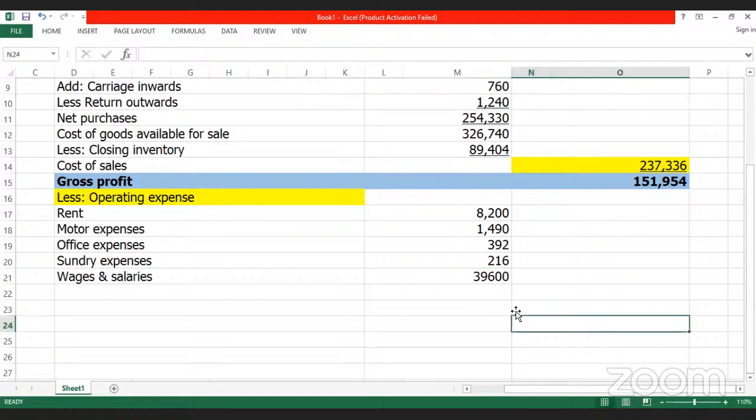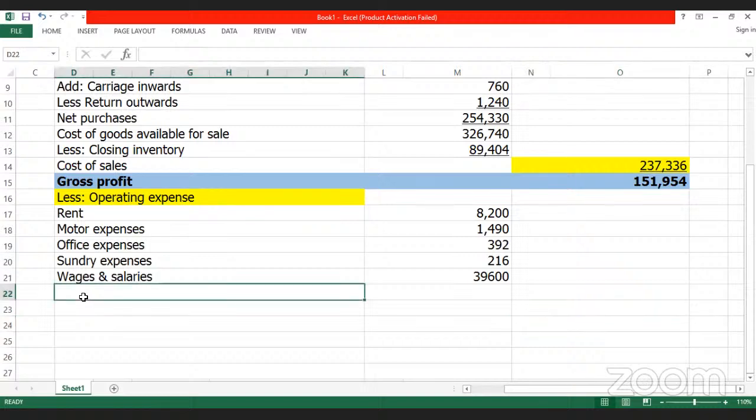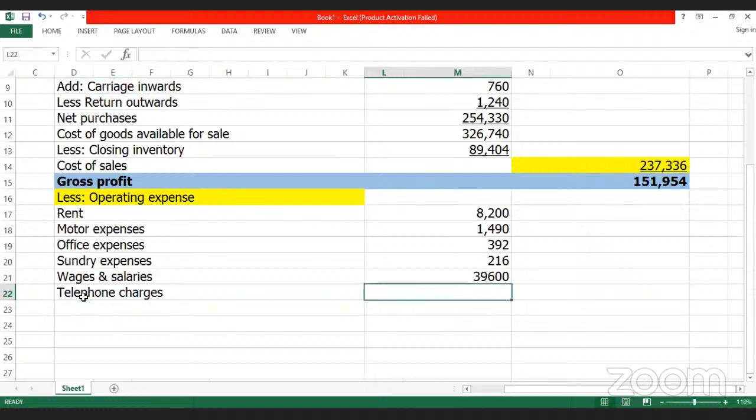Okay. What else do we have under the expenses? We have the telephone charges. Good. How much are the telephone charges? 680. What else do we have?